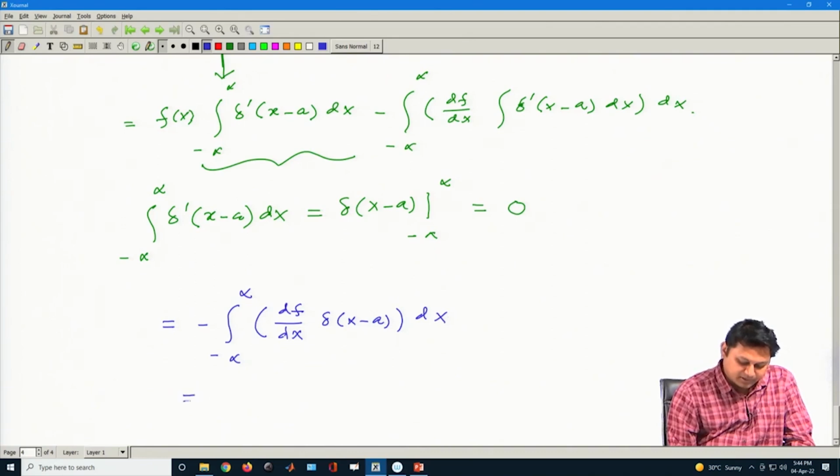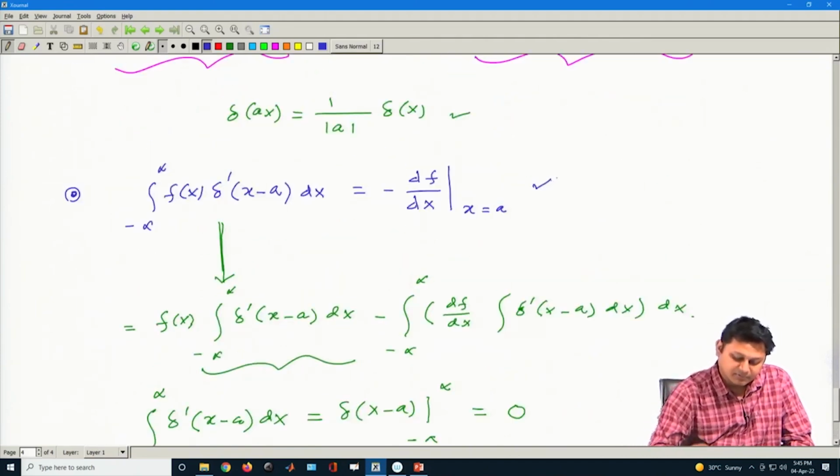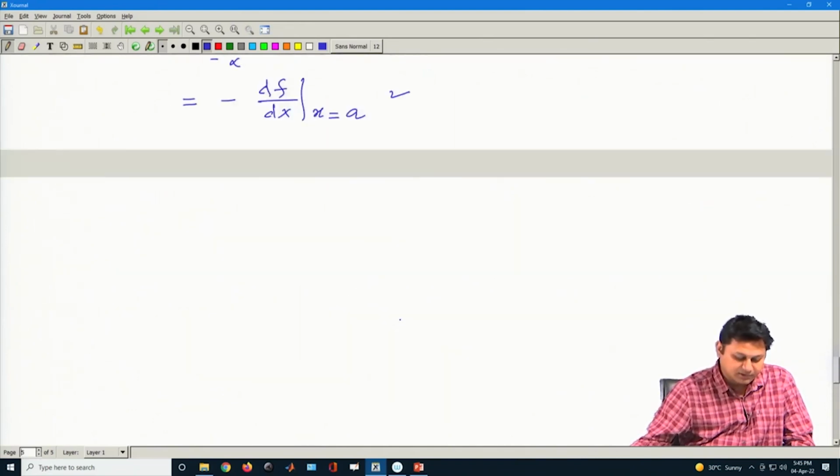So, this quantity is again a function associated with the delta function at x equal to a. If you do this integration, it should be simply del f by del x evaluated at x equal to a point. That should be our result, and that is what I write here. So, I proved it, even though I thought that I should not, but anyway I will give you other problems also. There are ample amounts of problems.